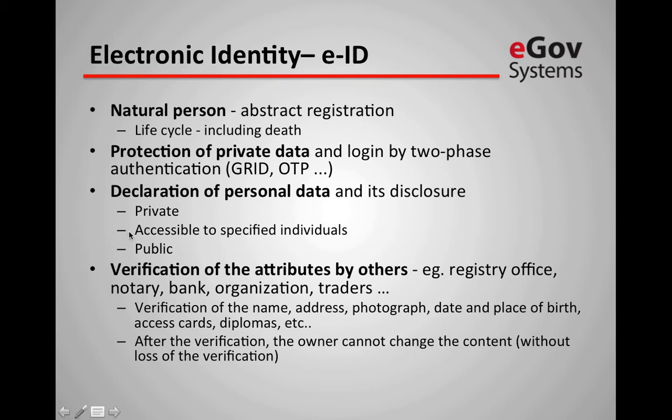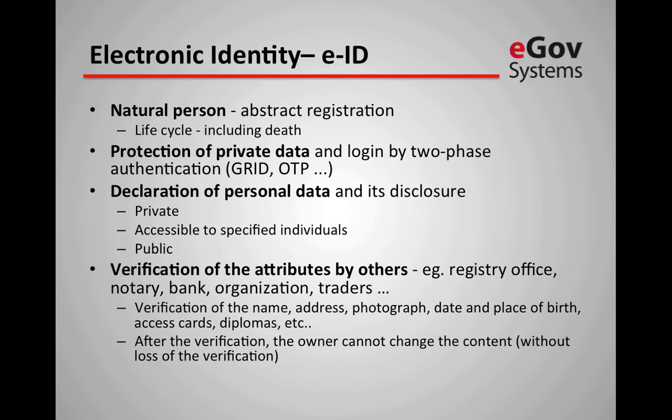Each of the data may be verified by another person, a trusted institution like a registry office, a notary, bank or municipality. As soon as the data is verified by the other person, it's marked, and after the verification, I cannot change the data anymore without losing this verification.